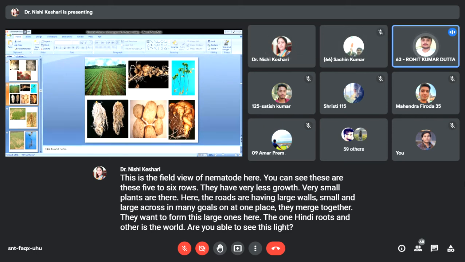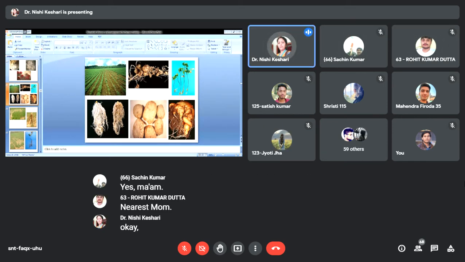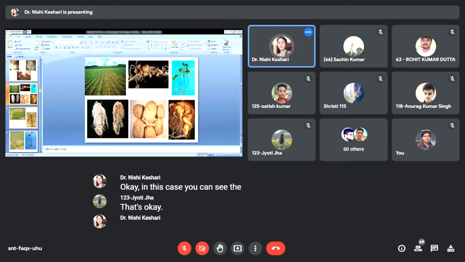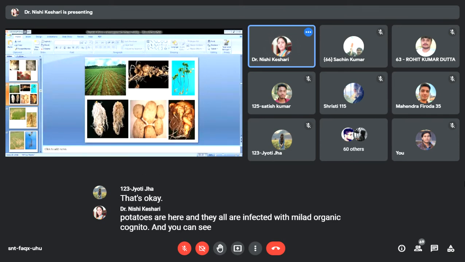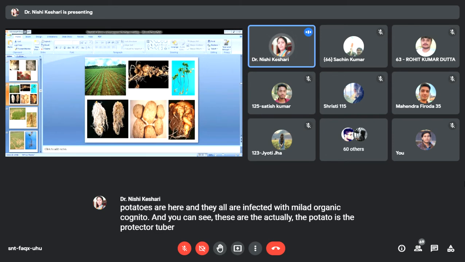In this case, you can see the potatoes are all infected with Meloidogyne incognita. And you can see the potato tuber is not the root; it is the shoot.